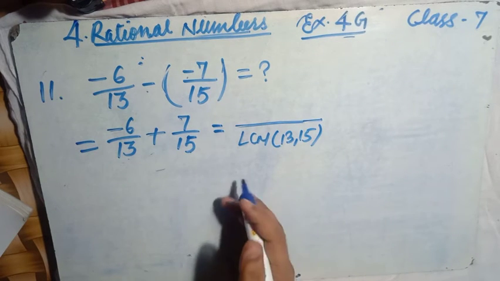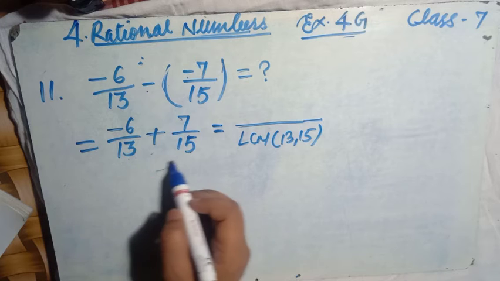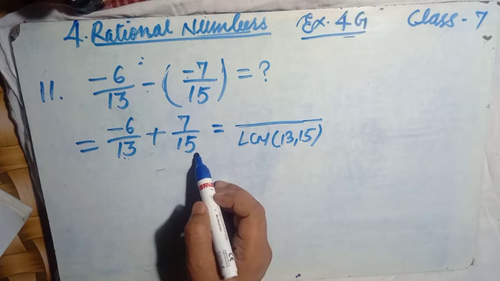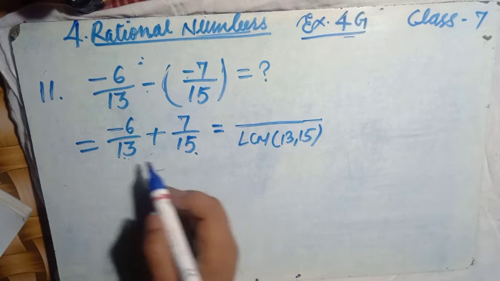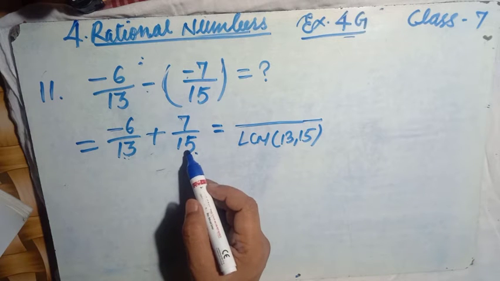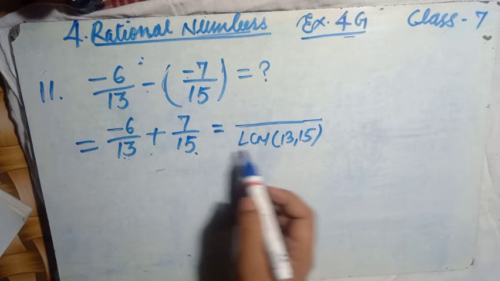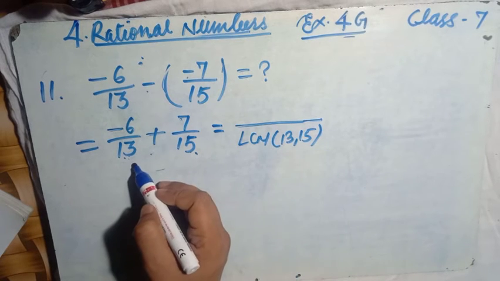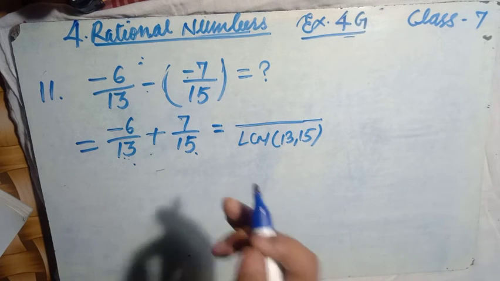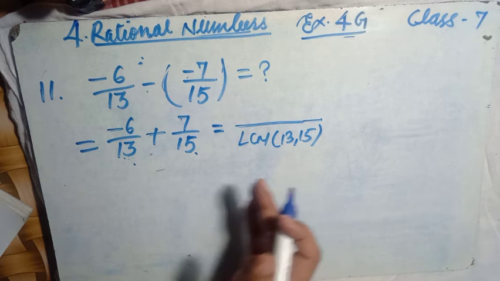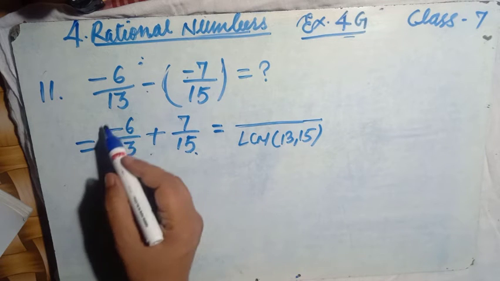Now you can easily solve. First of all, find the LCM of 13 and 15. The product of 13 and 15 gives us the LCM. Then divide the LCM by 13 and multiply the quotient with minus 6.